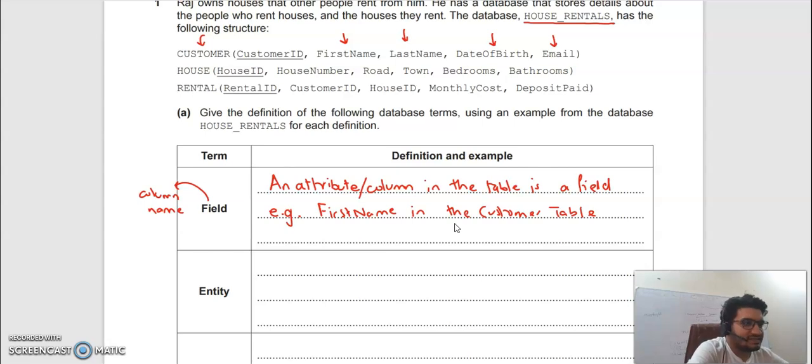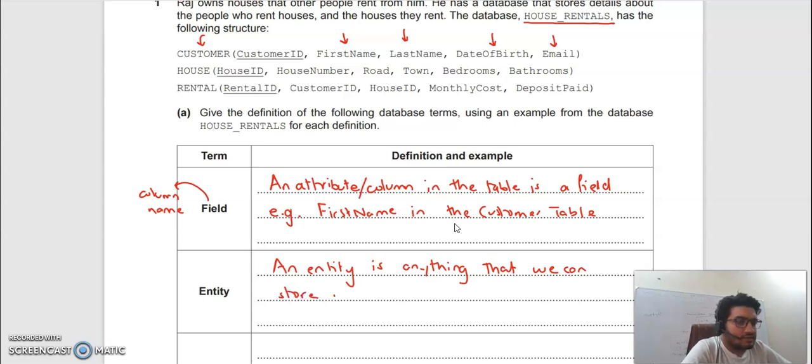All right, the next thing it says, what is an entity? Well, an entity is basically anything that we can store information about. So we'd say that an entity is anything that we can store information about. For example, over here we can have a look at least three things.